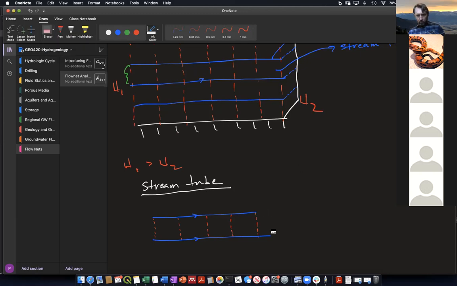I'll just erase this so that it has clean edges. And it's got this dimension here in and out of the screen. And remember that this dimension is B, which is the thickness of our aquifer.